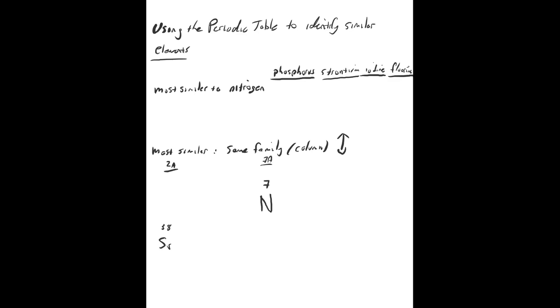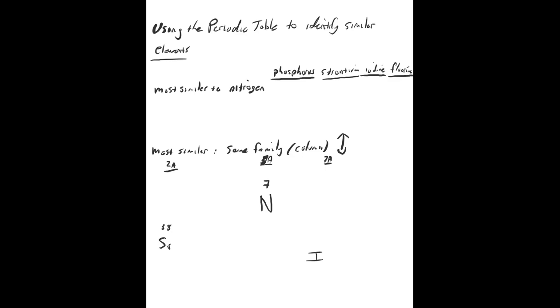They're in completely different columns. 2A and 5A are not that close to each other. Next one is iodine. Iodine is in 7A. It's way down over here, right? So, no chance. 5A, 7A is not the same.